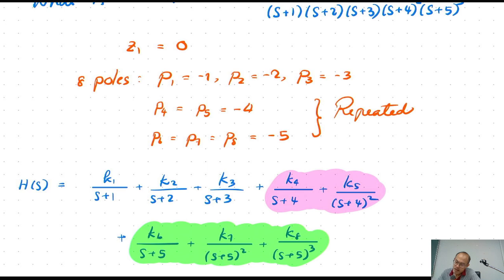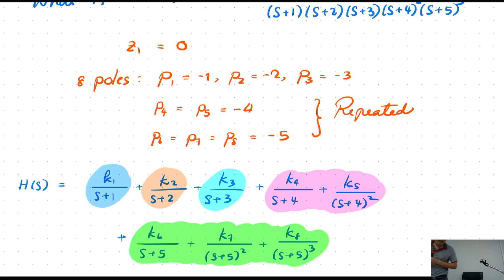Okay? And these are individual poles. These are distinct. This belongs to the 2 times repeated, and this belongs to the 3 times repeated.